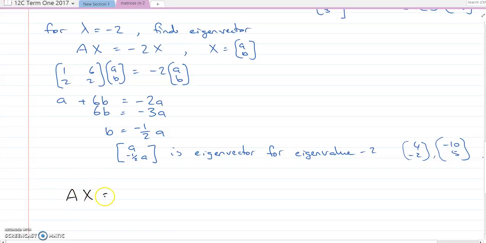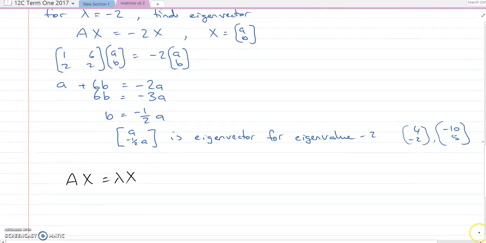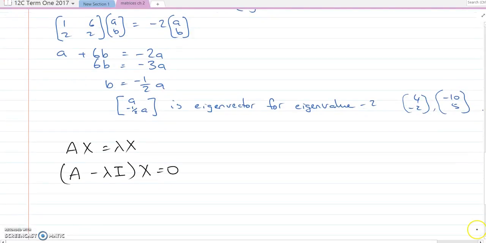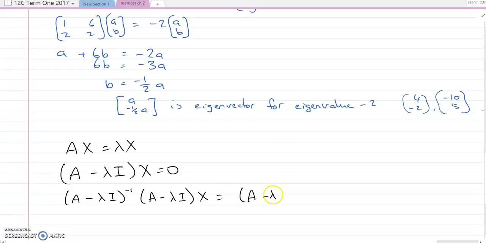Let's see. Ax equals lambda x, and we rearrange. Anyway, basically you end up with (A minus lambda I) times x equals 0. And normally what you would do in something like that is find the inverse and apply it, so you get (A minus lambda I) inverse times 0.